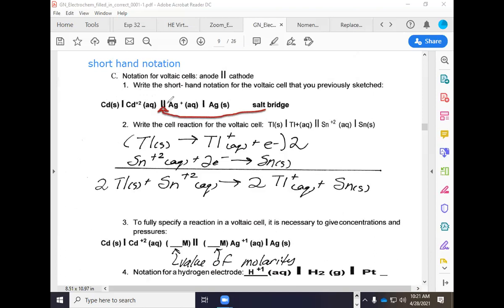And then our cathode was the silver, aqueous, going to silver solid. So this is what we just did, the diagram you copied down. This would be the shorthand notation for our previous diagram.